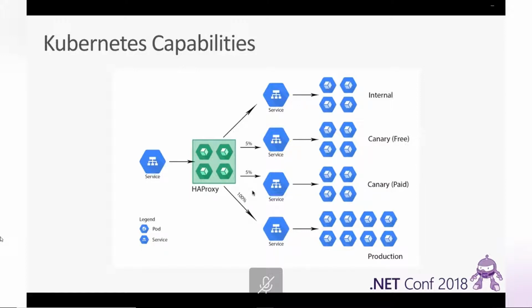Then, if everything keeps working as expected, you will promote your changes to a canary for your paid users. But you're not going to do it for all your users. You can do the proper configurations to promote those changes to a service that only receives 5% of the traffic from your site. Then, if you have tested everything in three different ways, everything should be working, right?